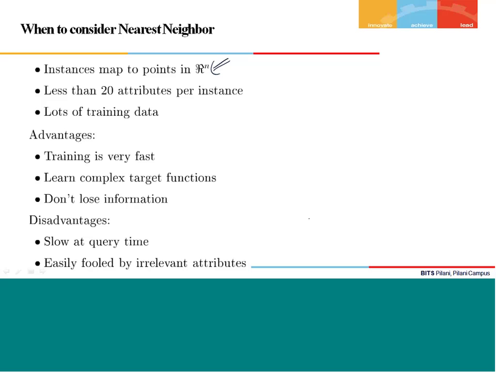Ideally the number of attributes should be less than 20 here. I will let you know why. Lots of training data is required. The more training data we have, the better the accuracy. Advantage: training is very fast. You can see that we don't have to do anything.